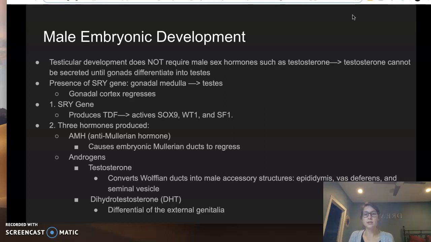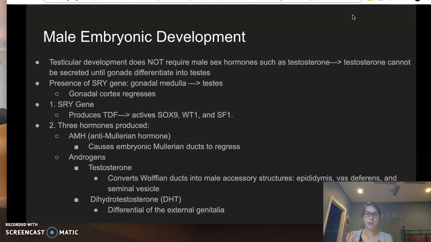And so in the presence of the SRY gene, the gonadal medulla will develop into the testes, and the gonadal cortex regresses. In the presence of the SRY gene, a protein called TDF, which stands for testes determining factor, will be produced, and it will bind to DNA and activate other genes.